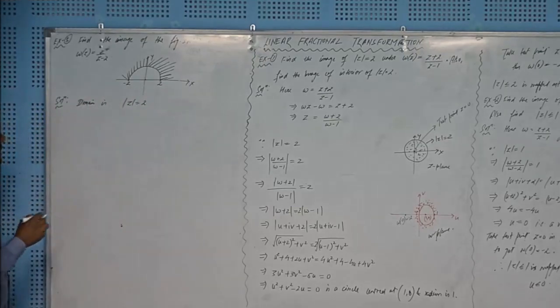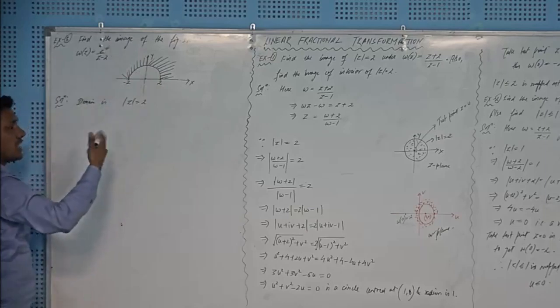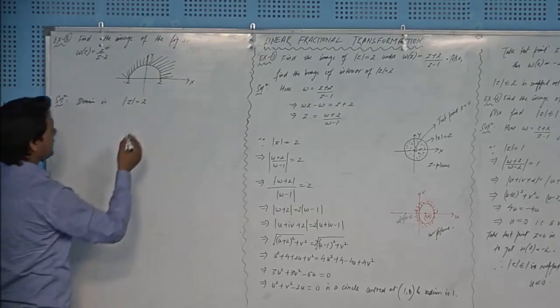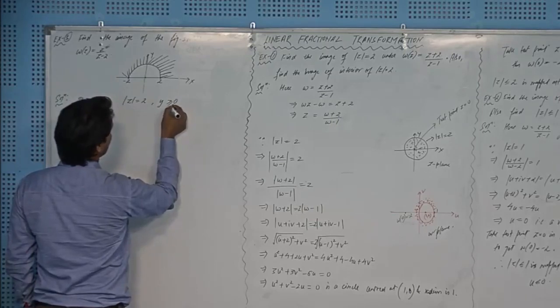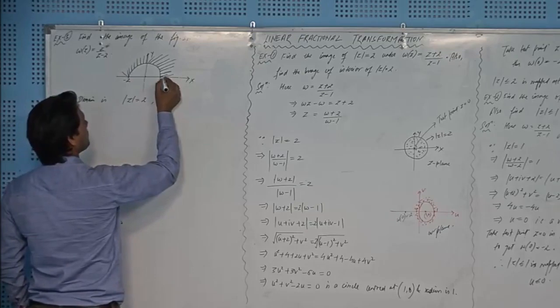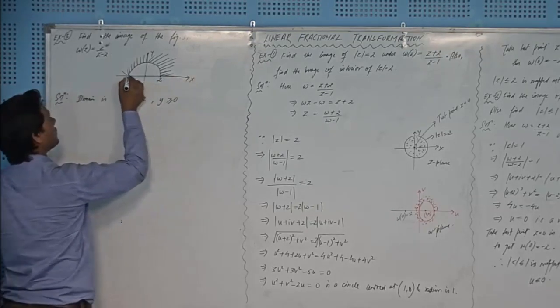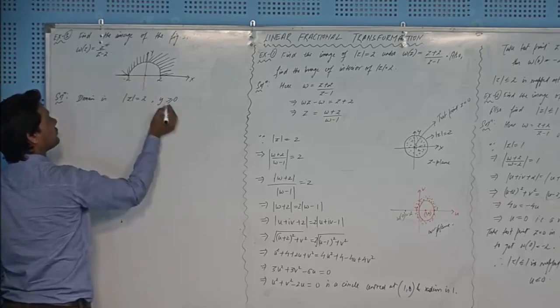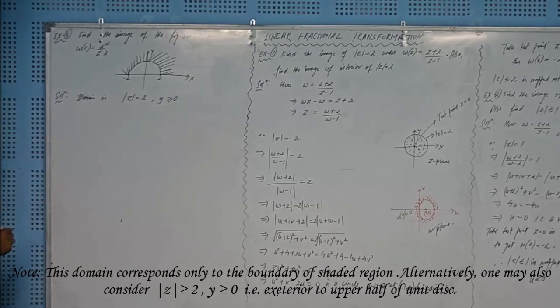And since it belongs to the upper half portion, we have y positive, so I will write y greater than or equal to 0. Should I put equal to here, y equal to 0? Yes, y equal to 0 is also included. You can see that this axis is also included in your domain, so you have to put equal to here, right? So the domain is this.